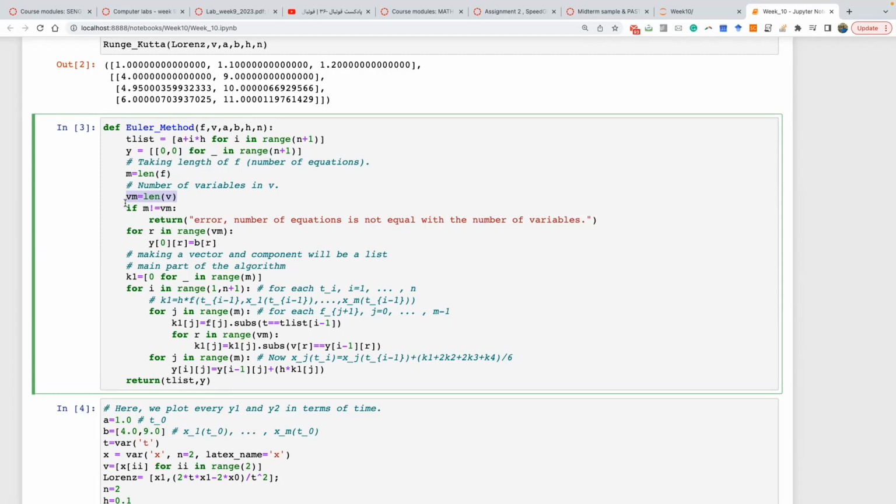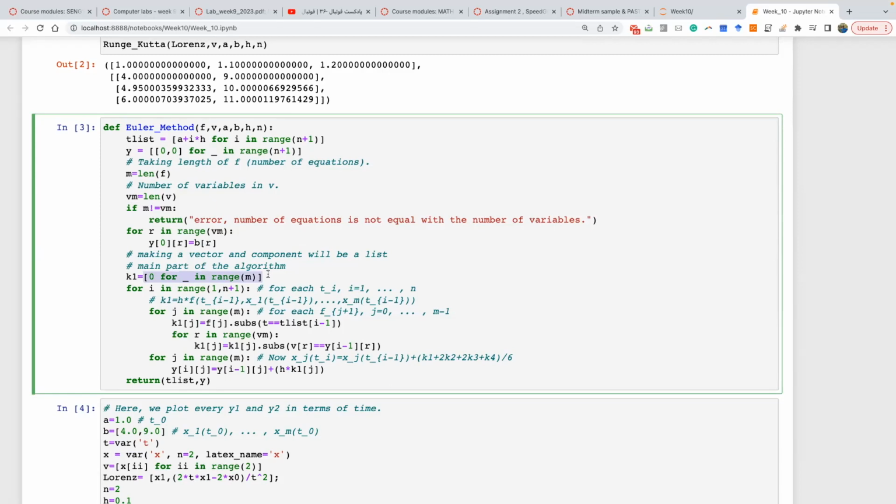Is that underscore used in the variable or in the range? Third line, yes, it's okay. This is K1. This time K1 is not one number; K1 is a column vector.